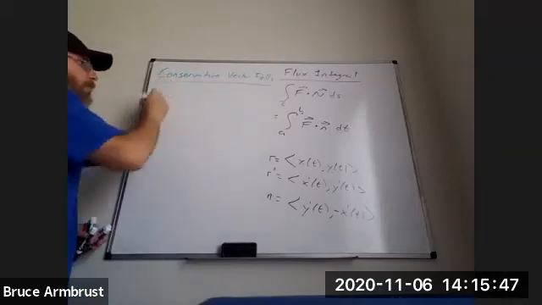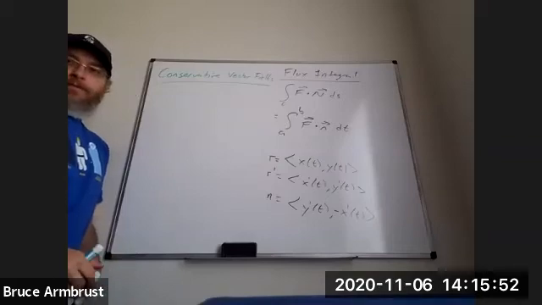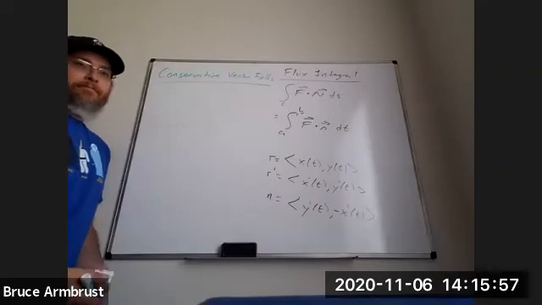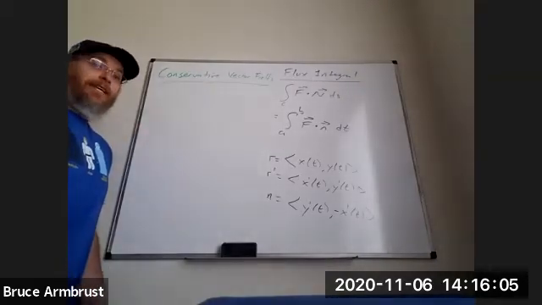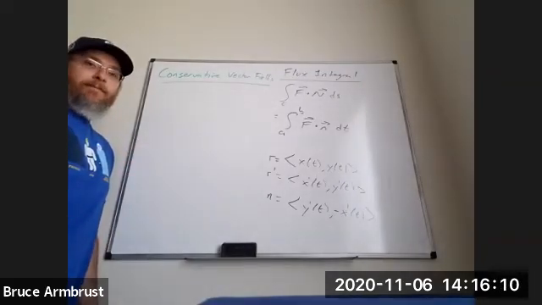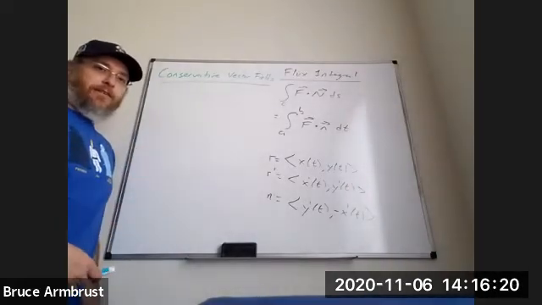So what does it mean if a vector field is conservative? Victor just put, it has a potential function. Good. That's one of the important things to remember, that there is a potential function. And what's special about it? The field is the gradient of the potential function. You remember gradient, which is also really important.